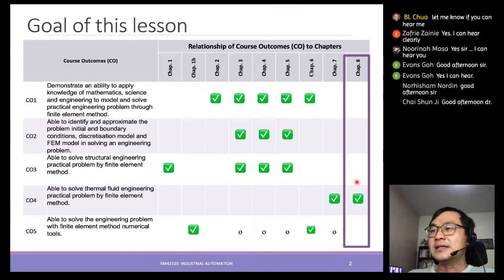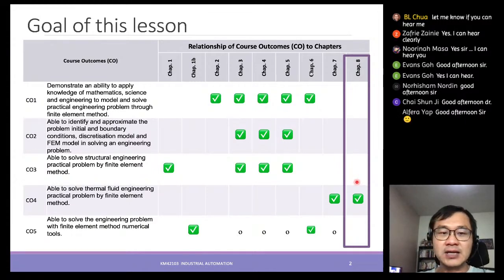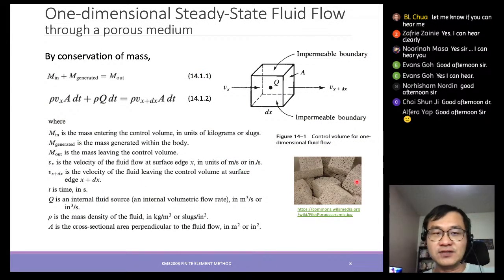I believe you have learned this somehow in the CAE course as well, which is taught by Dr. Chong, mainly on the CFD. So since this is part of the syllabus, I will just quickly go through how we can apply the finite element methods for solving the fluid problem.